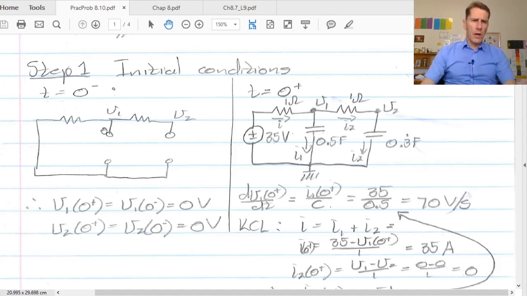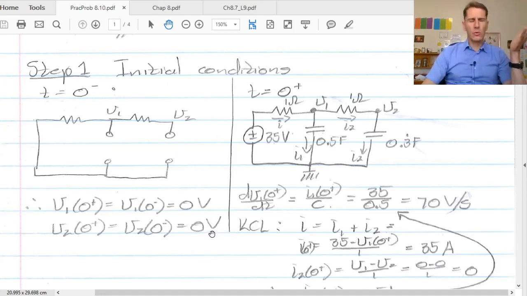Because in the open circuit scenario, there can't be any current flowing through that resistor or that resistor. No currents, no voltage drops. So there's 0 volts plus 0 volts plus the capacitor voltage must equal 0, and the same for that loop. So both of those voltages have to be 0.